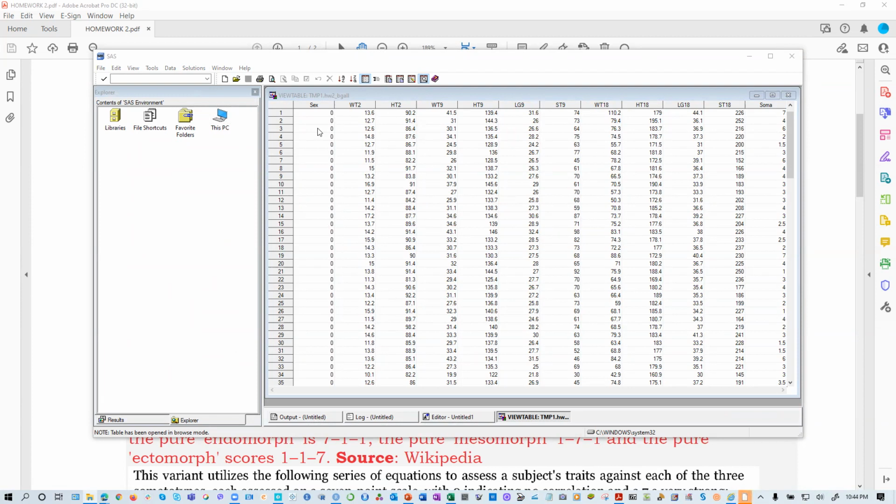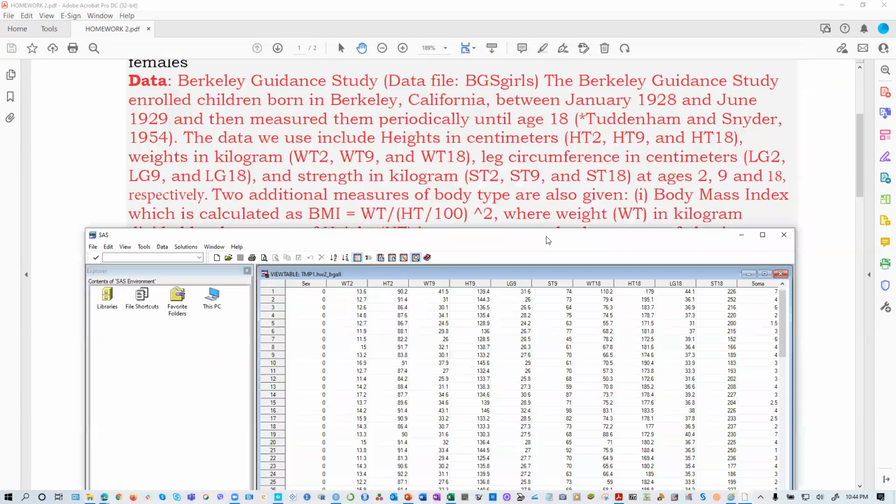I think this is gender. Height and weight at age 2, see? Strength, I don't see at age 2. In the full data set, we have all of them. Height at the age of 2, weight at the age of 2, height and weight only. What happened to LG2? I don't see LG2, the leg circumference or the strength.